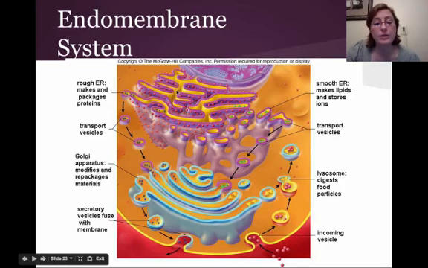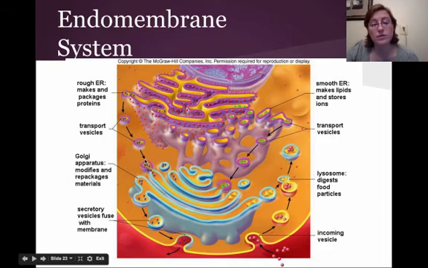Then it's going to move through the ER, and that's where it's going to receive all sorts of modifications. It's going to be twisted and folded into its final protein shape, moving through the smooth ER if necessary. We see it jumping from one organelle to the next in these transport vesicles.